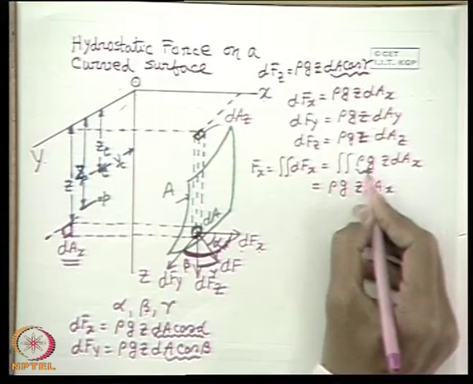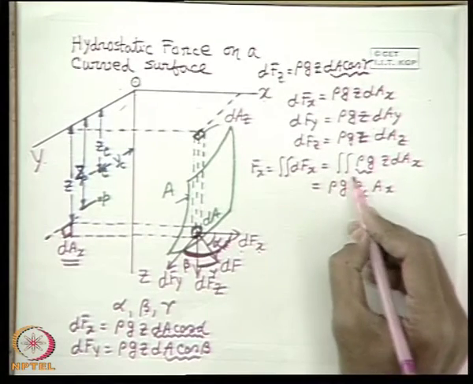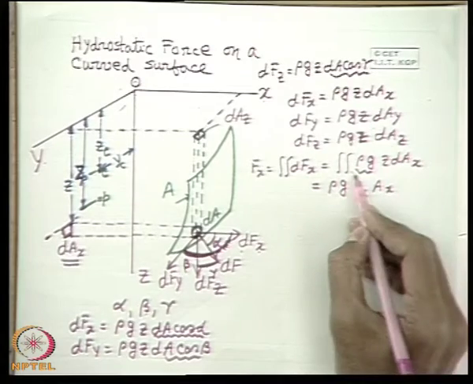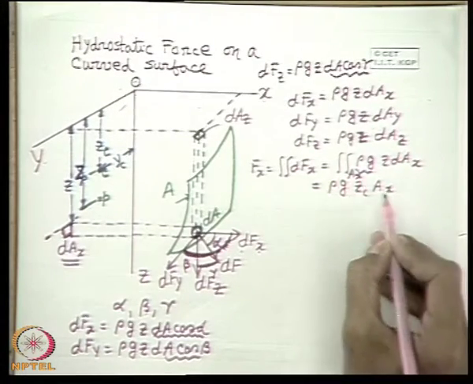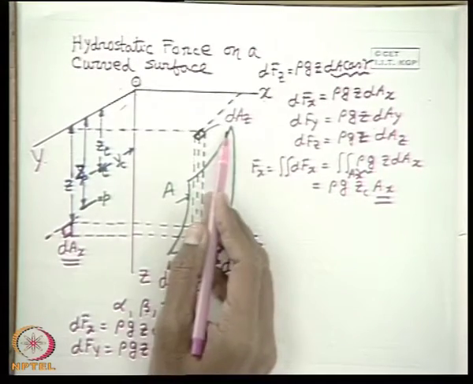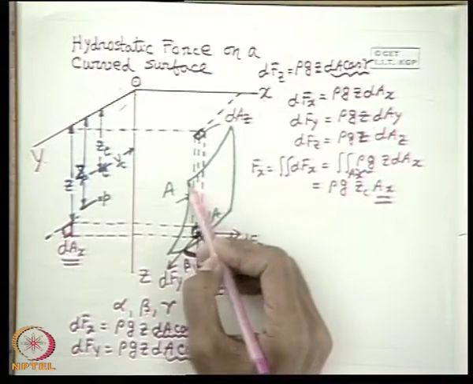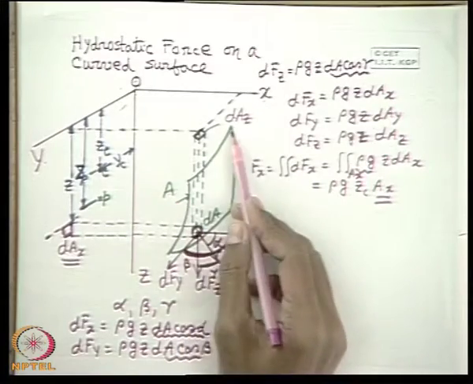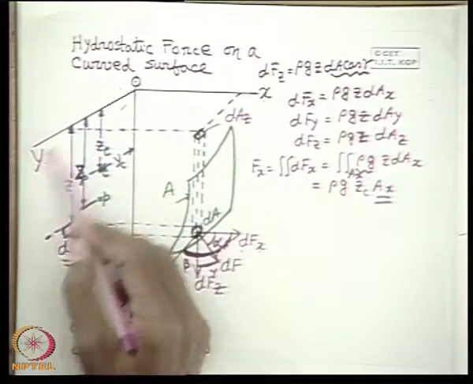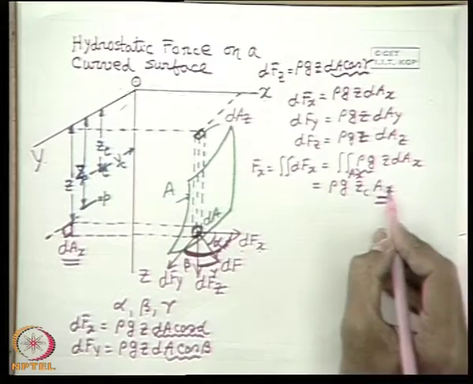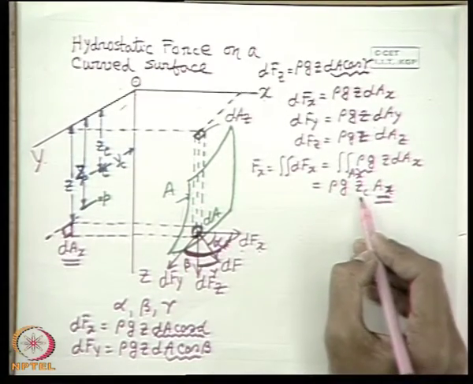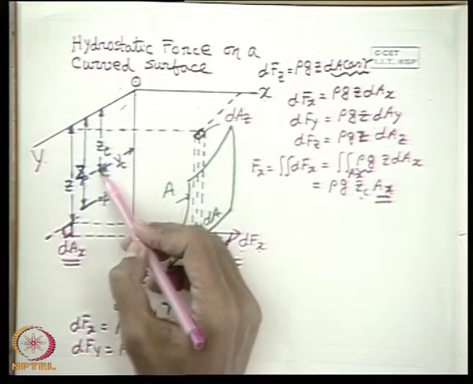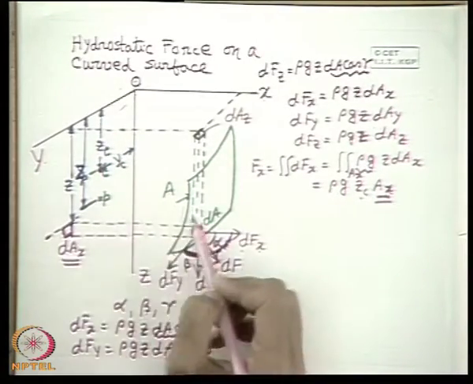Rho g is common, if you take rho g out, the double integral z dAx is made over the entire area Ax, where Ax represents the projected area on the yz plane, that is the plane perpendicular to the x axis, of the entire curved surface area A, and zc represents the center of area of that projected area.